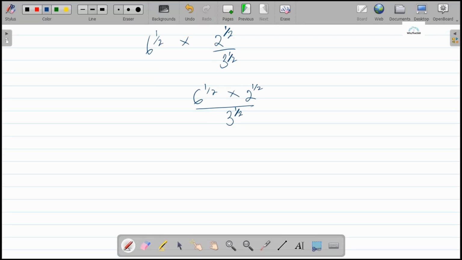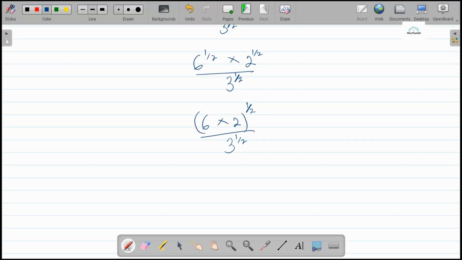We can also write this as 6 times 2, they are all to the power 1 half, so it's more like giving them a common exponent, divided by 3 to the power 1 half. And we can also add that 3 in there to get something like 6 times 2 all divided by 3 to the power 1 half, because this is also to the power 1/2.